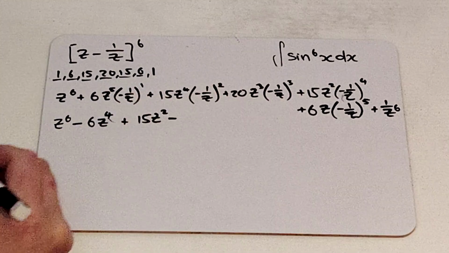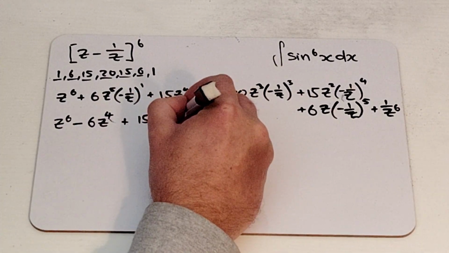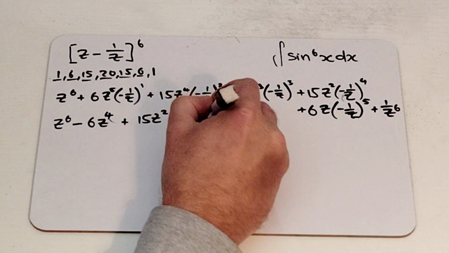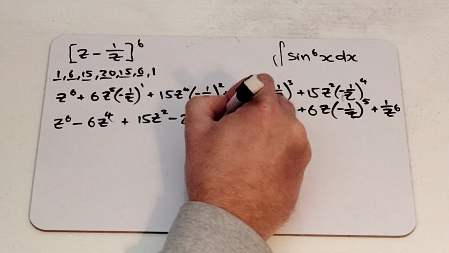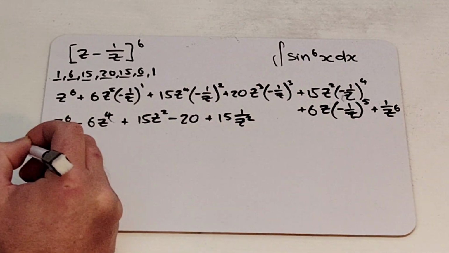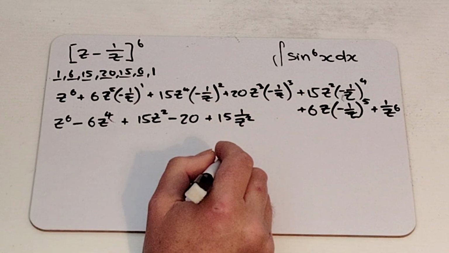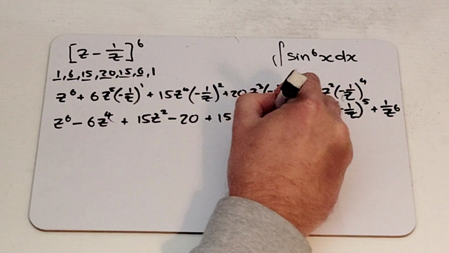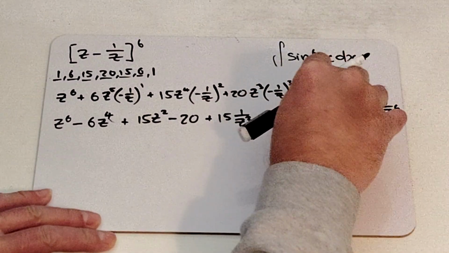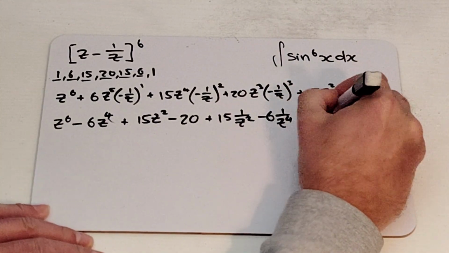Next one's going to be negative. The z cubed over z cubed simply cancels, so we end up with subtract 20. And then it's going to be plus 15 times 1 over z squared. And then the next term is going to be minus 6 times 1 over z to the 4, and then finally I get plus 1 over z to the 6.